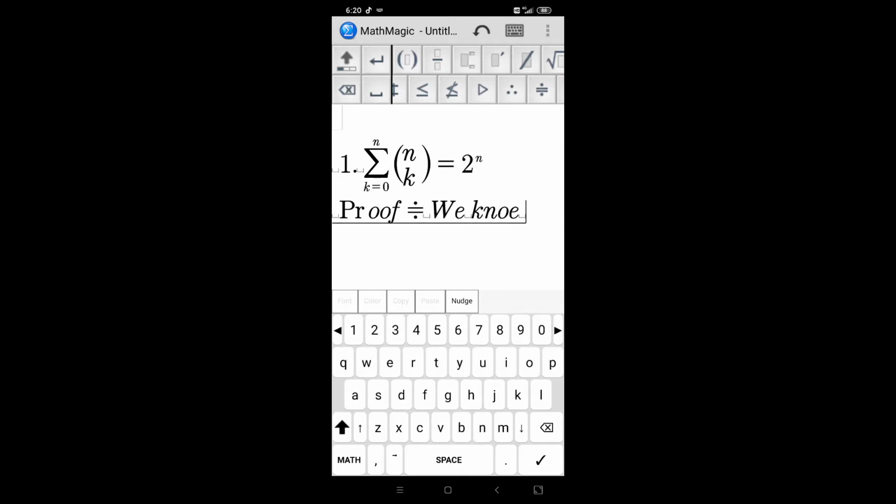So here we are going to use binomial theorem.